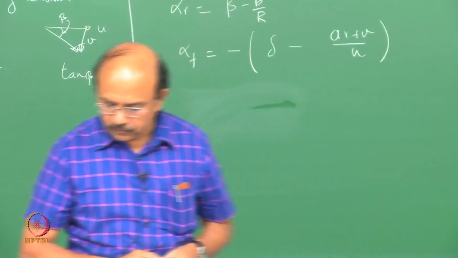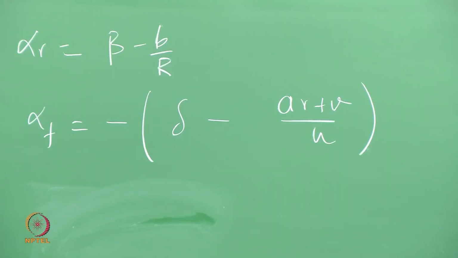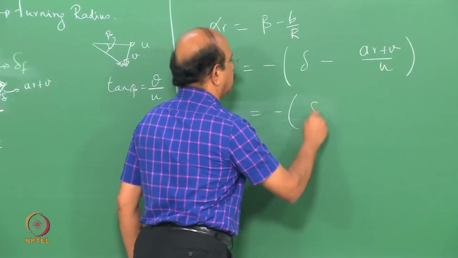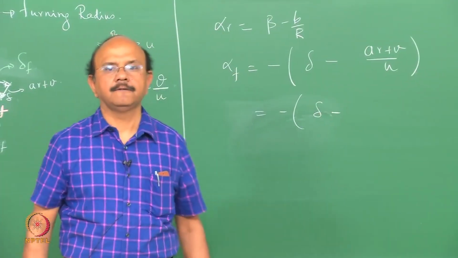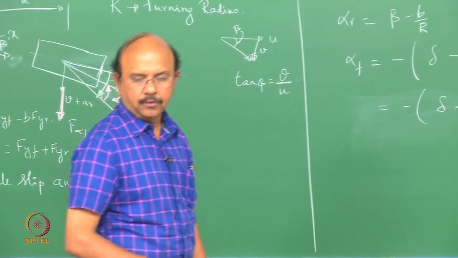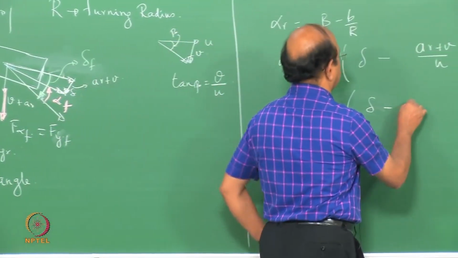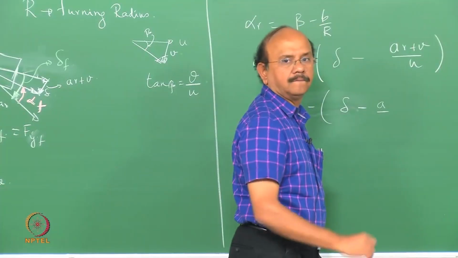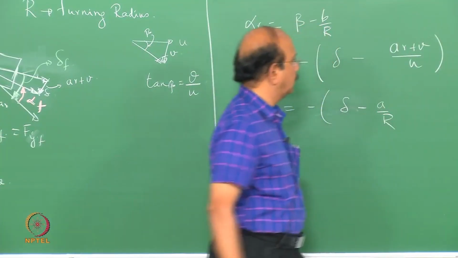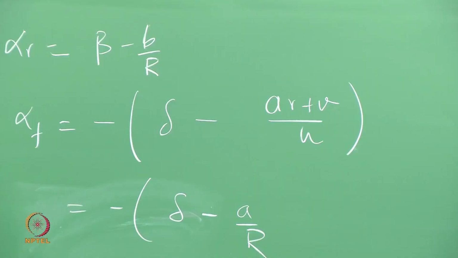Now simplify that expression. Minus delta minus a r by u. So that is equal to minus a by R minus beta.